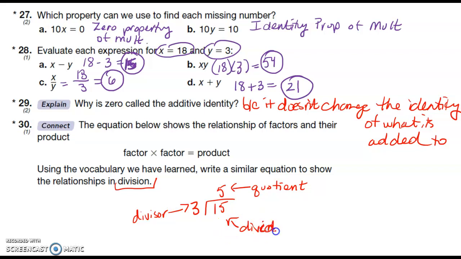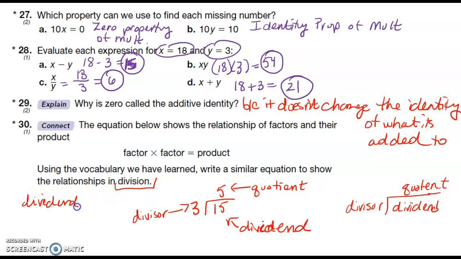Okay. So what it is is divisor into dividend equals quotient. Or you could do dividend over divisor equals quotient. And that's definitely something you should write in the back of your spiral.